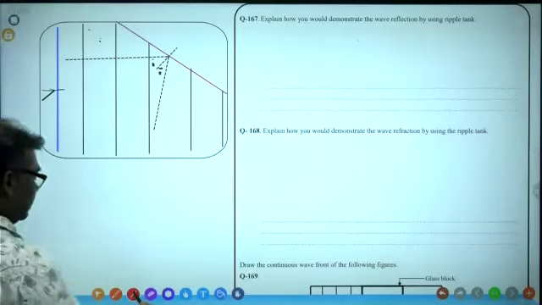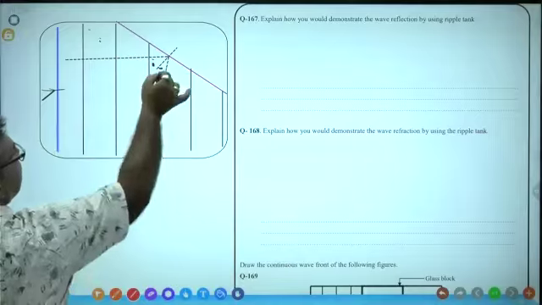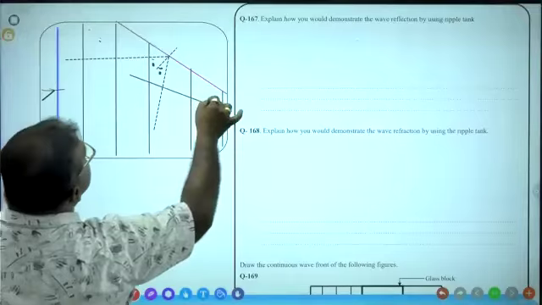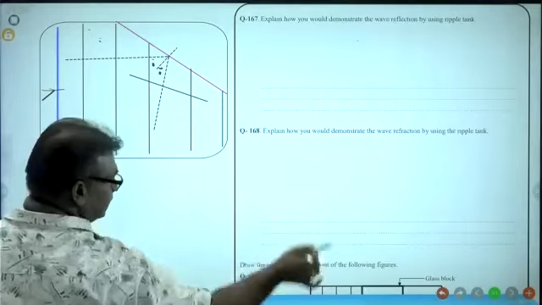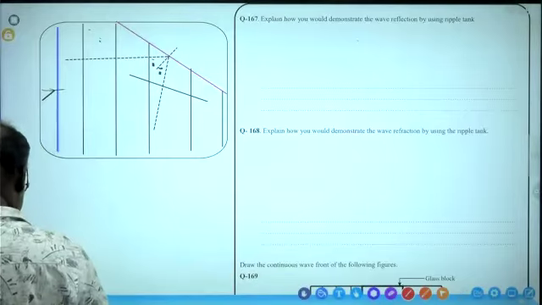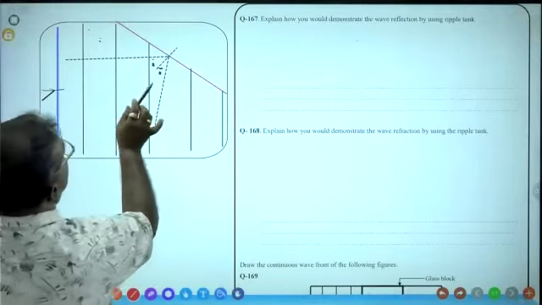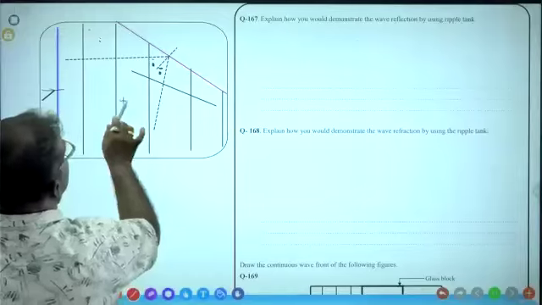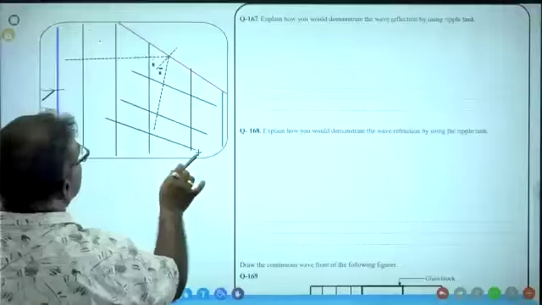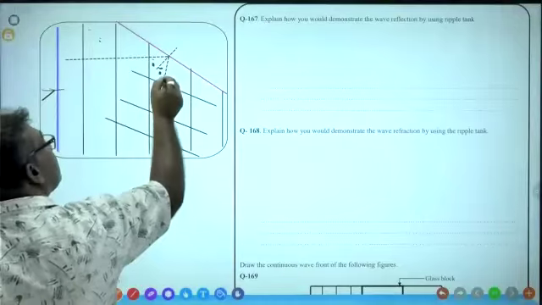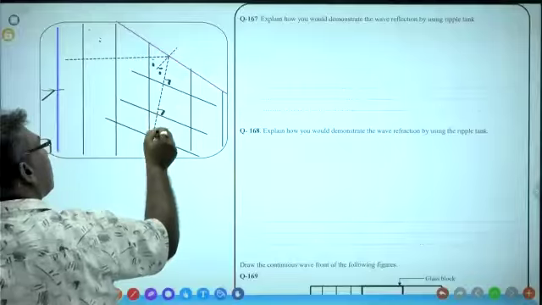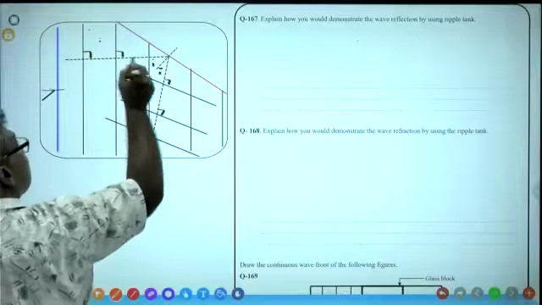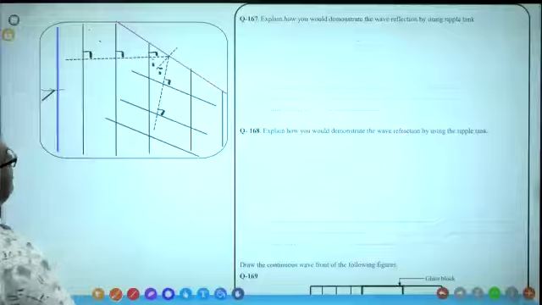Then wavefronts are reflected from that surface like this, keeping perpendicular to the beam, and the incident wave beam is also perpendicular to the wavefronts.